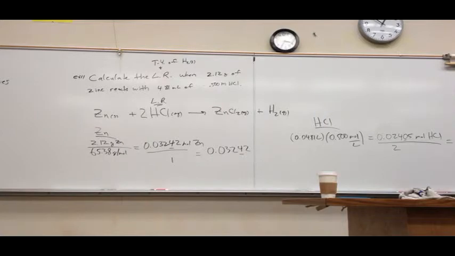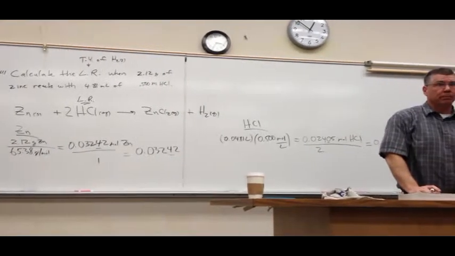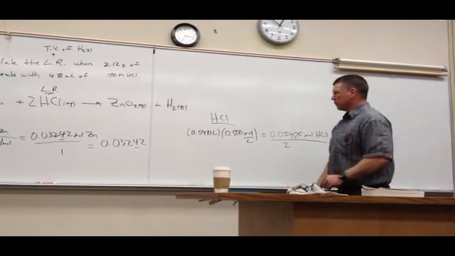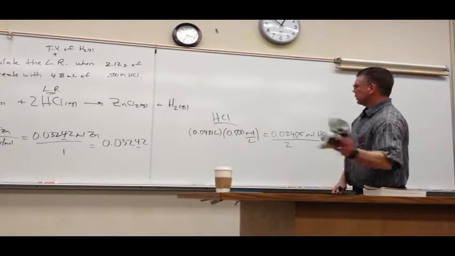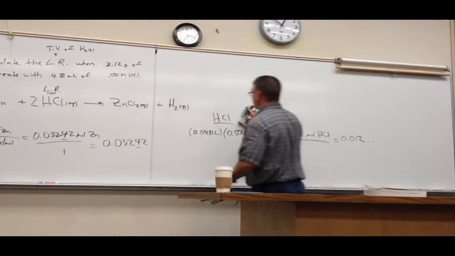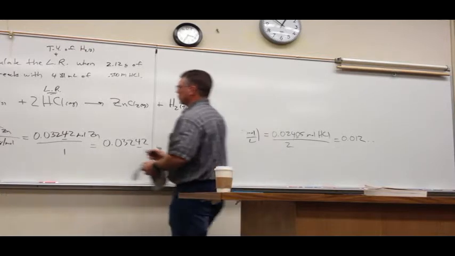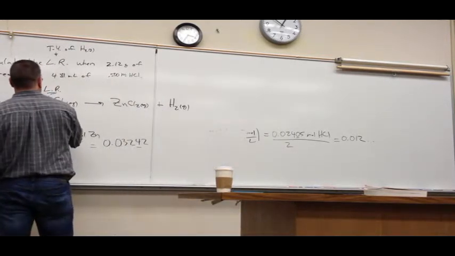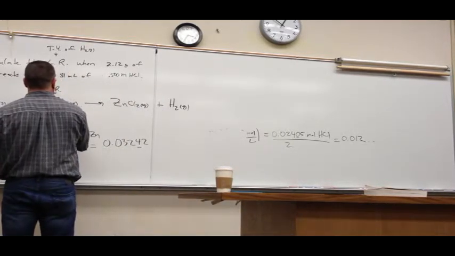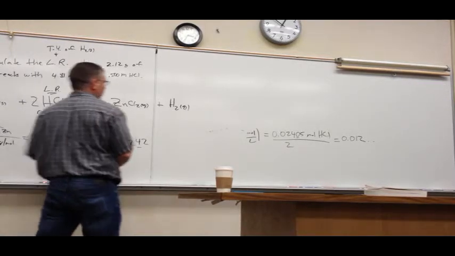Then you always use the moles of your limiting reactant as your starting point. Now that we know hydrochloric acid is the limiting reactant, we use that for the starting point.